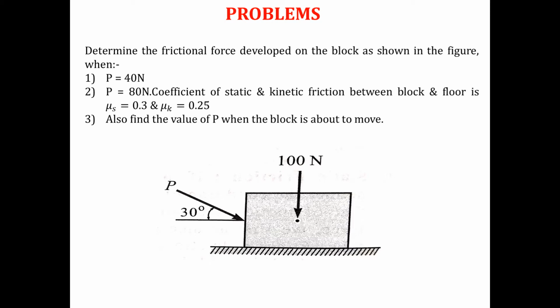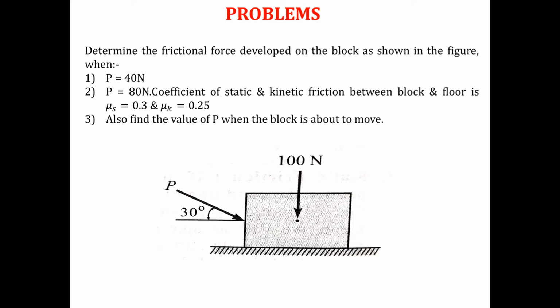Okay. So what is this problem? The problem is to determine the frictional force developed on the block as shown in the figure when force P is equal to 40 Newton. Second case, when the same force P is 80 Newton.